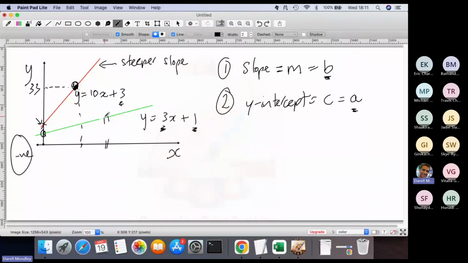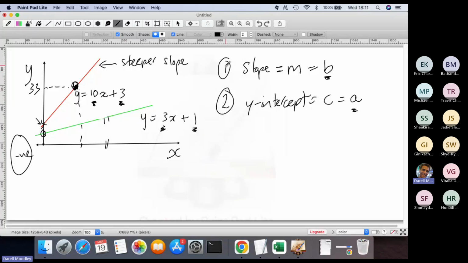It's not good enough to just say that line is red and that line is green. There has to be some mathematical way to differentiate them, and that is by specifying the slope and the intercept. You need two things to describe a line.